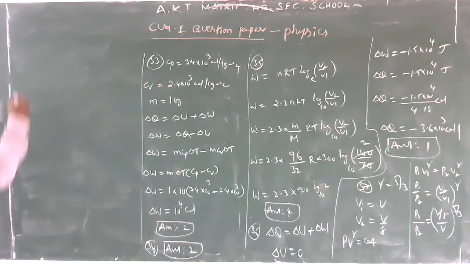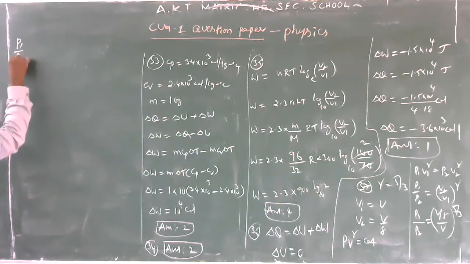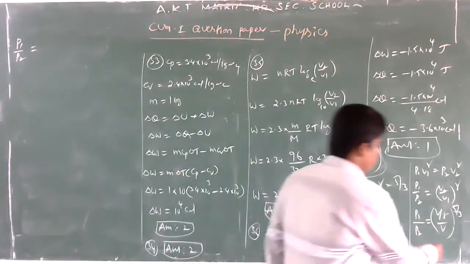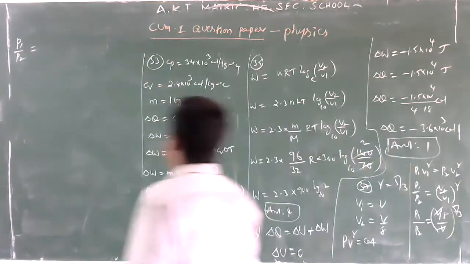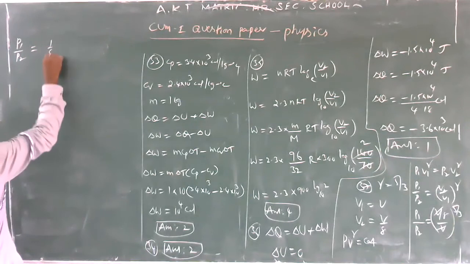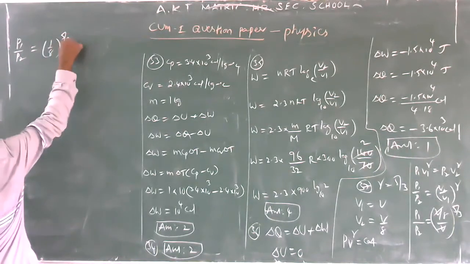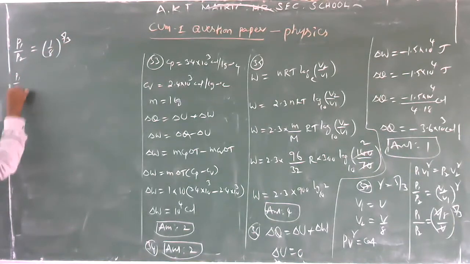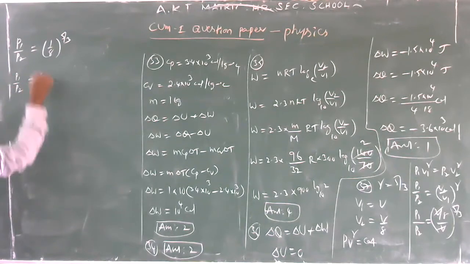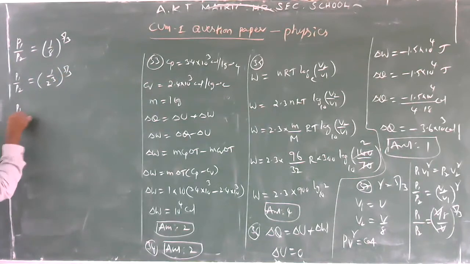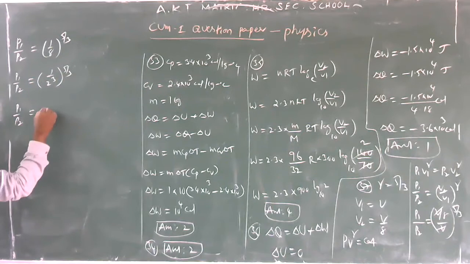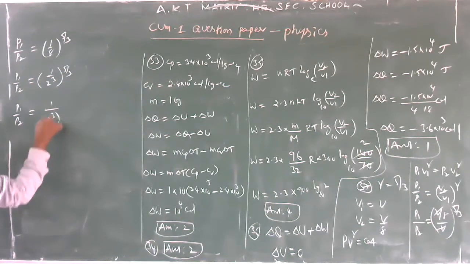Now P1 by P2 is equal to, here V gets cancelled, remaining 1 by 8 to the power of 5 by 3. P1 by P2 is equal to 1 by 2 cube, to the power of 5 by 3. The 3 gets cancelled.